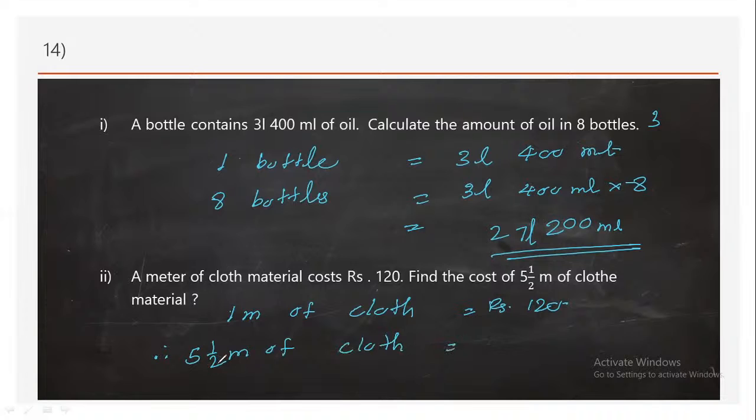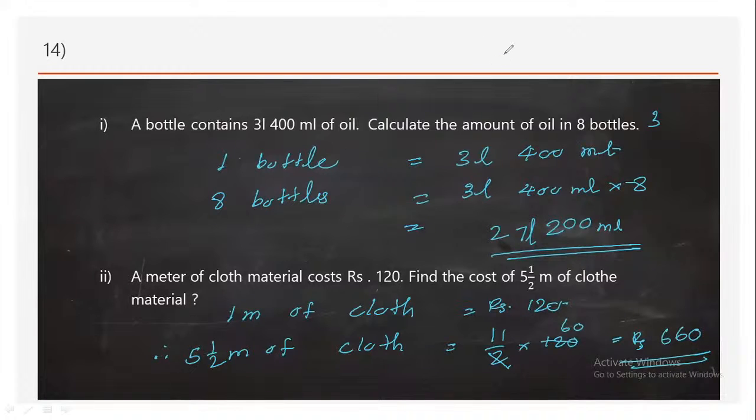It means this 5.5 meters we have to multiply by 120. 11 over 2 into 120, that is 60. Put the 0 at the end, 6 times 11, 660 rupees. 1 meter is 120. 5.5 meters of cloth. Then 120 into 5, 600. Half meter is 60, 660.